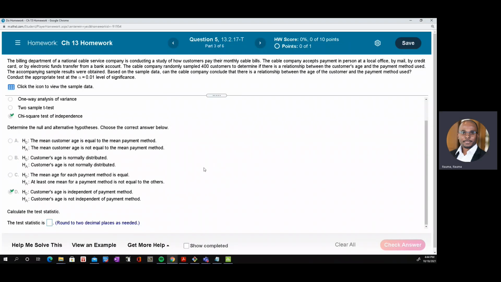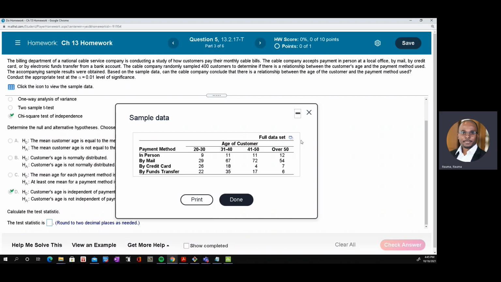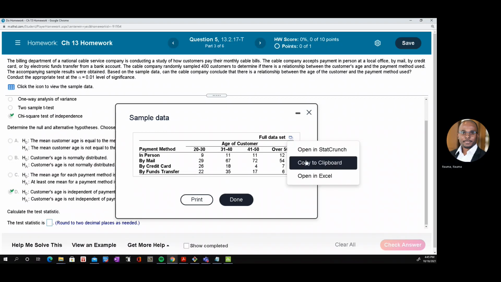Next, we specify the significance level, which is 0.01, and then collect the sample data in order to compute the chi-square test statistic. So we're going to copy this data to Minitab.